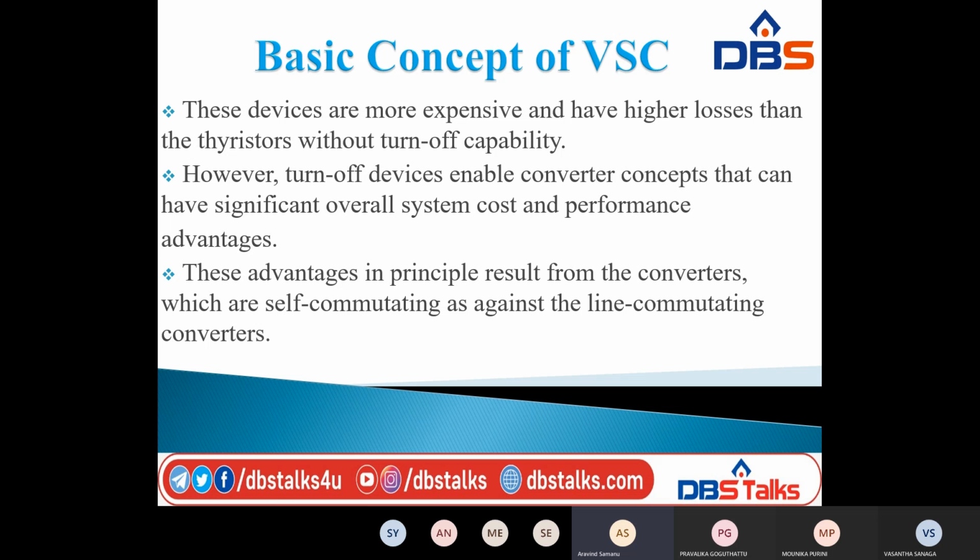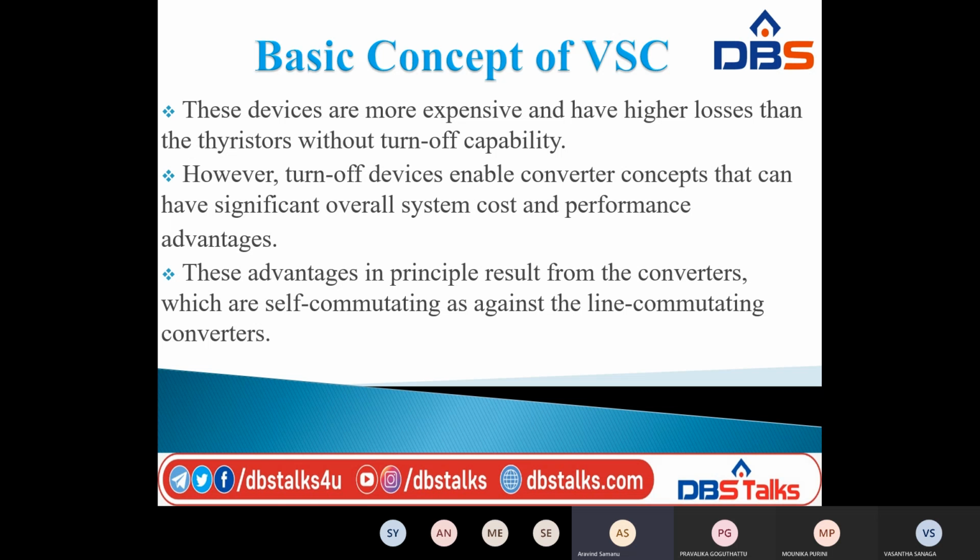Which are self-commutating. So actually we have two types of converters. One is the self-commutating converter and another one is the line-commutating converter. These advantages in principle result from the converters which are self-commutating as against the line-commutating converters.